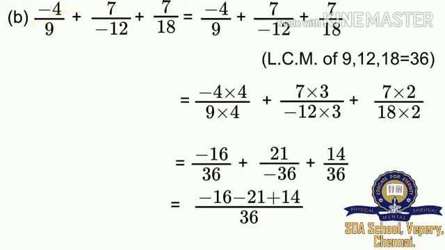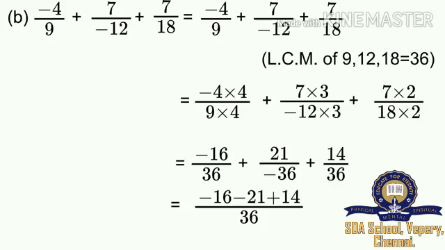Minus 4 divided by 9 plus 7 divided by minus 12 plus 7 divided by 18. First we should take the LCM. The LCM of 9, 12, 18 is equal to 36. 9 fours are 36, so we multiply 4 in numerator and denominator.